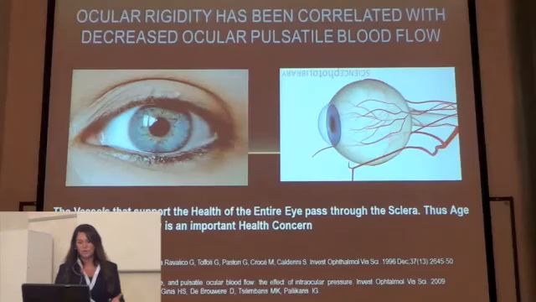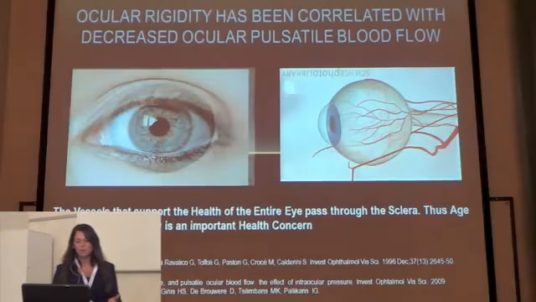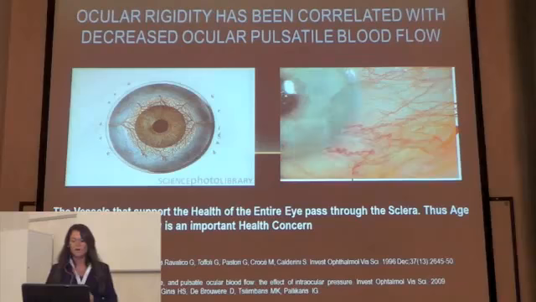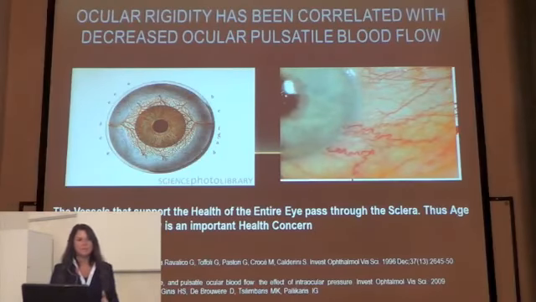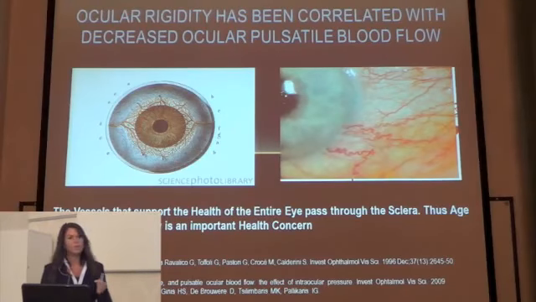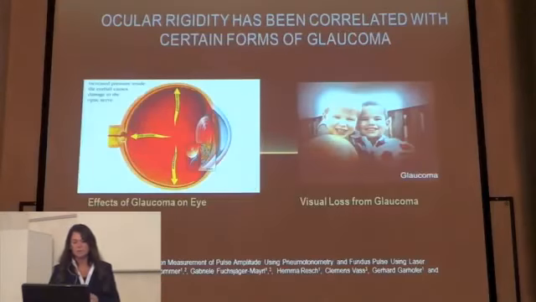Recently, ocular rigidity has also been correlated in research with decreased ocular pulsatile blood flow. That's not really surprising considering the vast plexus right underneath the sclera. Now, the sclera is not innervated nor vascularized, but all those precious vessels do pass through the sclera.